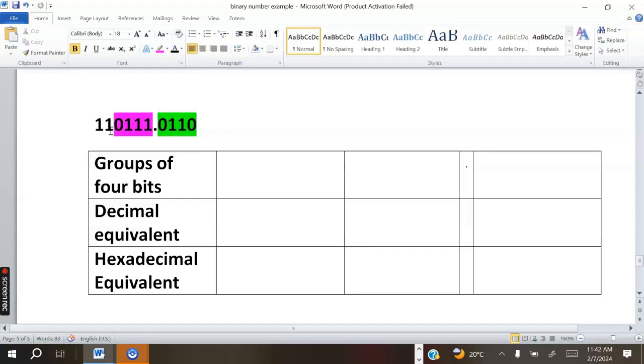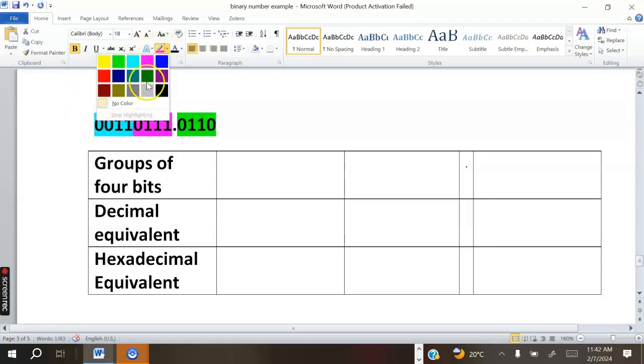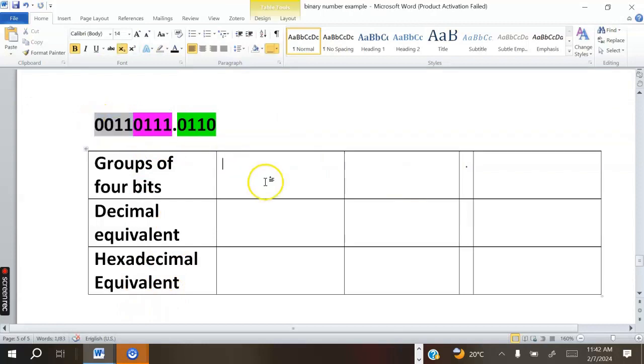As per the rule, if the bits are less than 4, then add 0 to the left of the bits in the integral part. So the left is supposed to be 0, 0. So we now have another batch with 4 digits. The next step, of course, is to write them down in groups of 4.